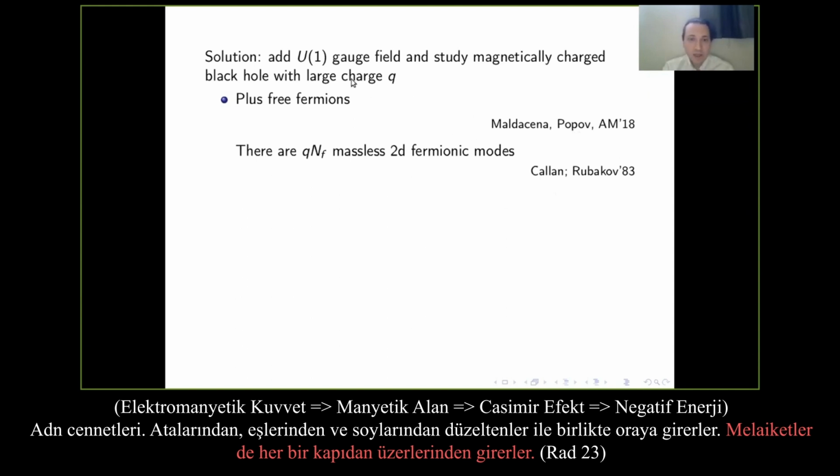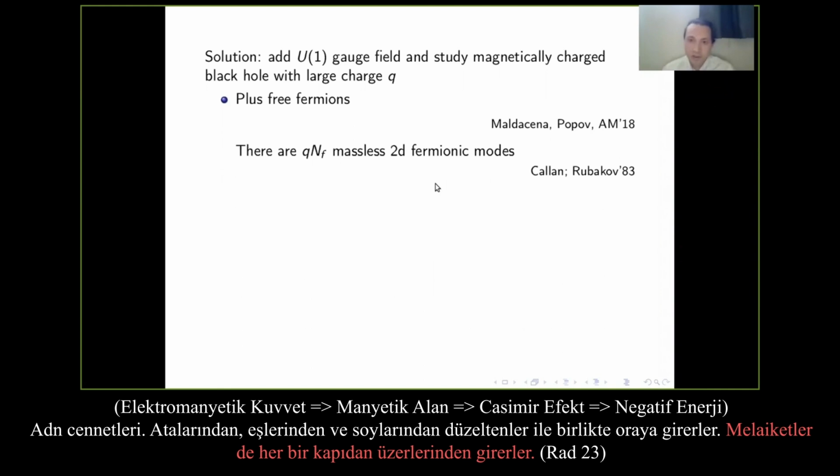Essentially, if we take magnetically charged black holes with charge Q, then it has been known for some time that free Dirac fermions in this background support two-dimensional fermionic modes. This is known as the Callan-Rubakov effect. It has been known since the 80s, and it's valid not only for black holes, but for monopoles as well.